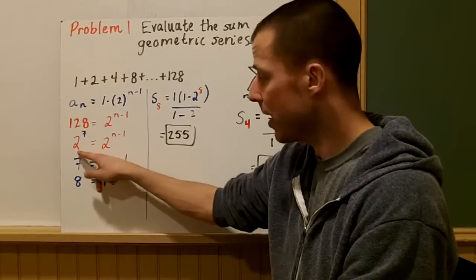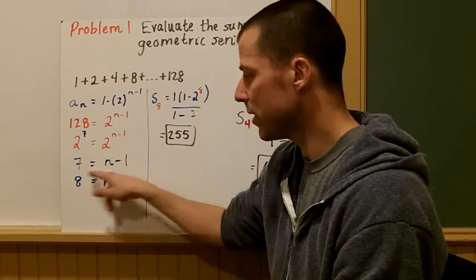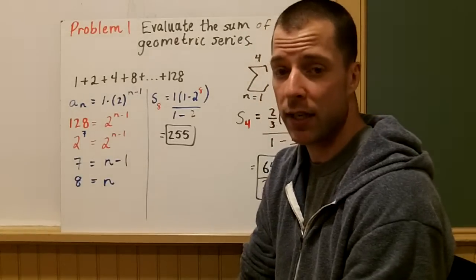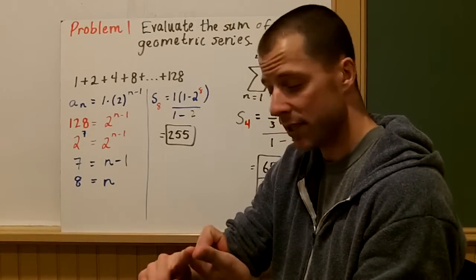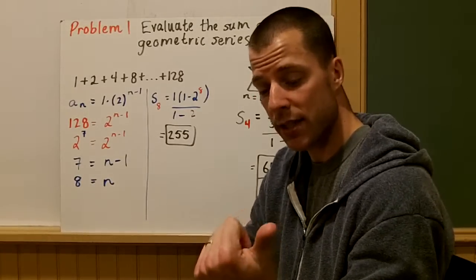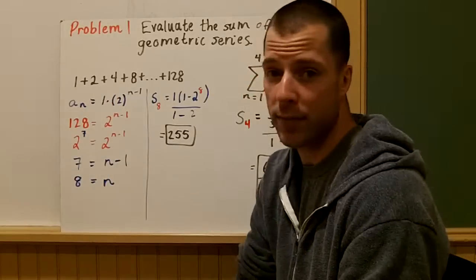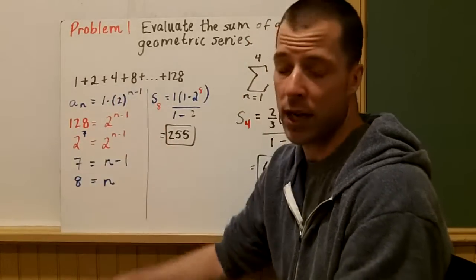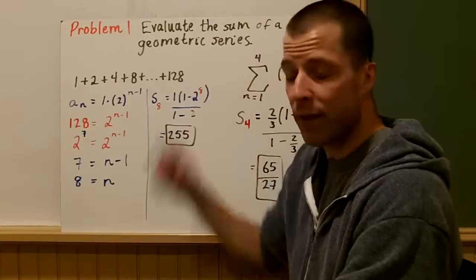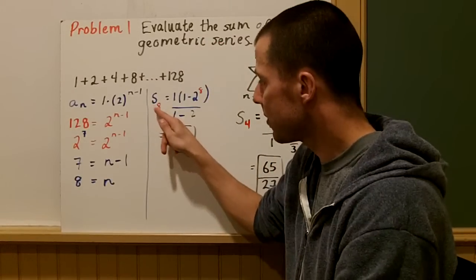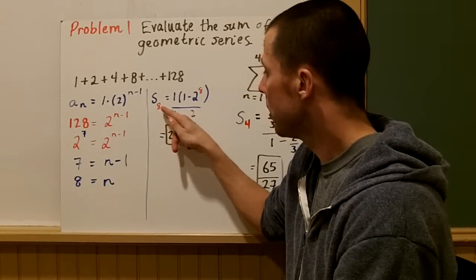Two numbers with the same base, you know that the exponents are equal. So in this case, n is equal to 8. I could have gotten 8 by hand if I would have started at 8. There's 4 terms. So then it's 16, 32, 64, 128. So I would have been able to do that by hand, but this is algebraically how you could do that. Okay? So to find the sum of that finite geometric series, S sub 8, you know how many terms there are between 1 and 128.